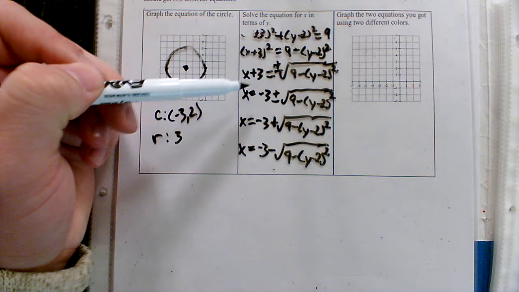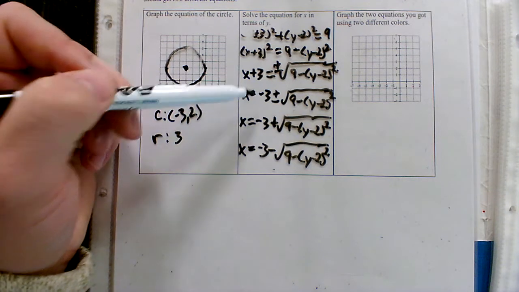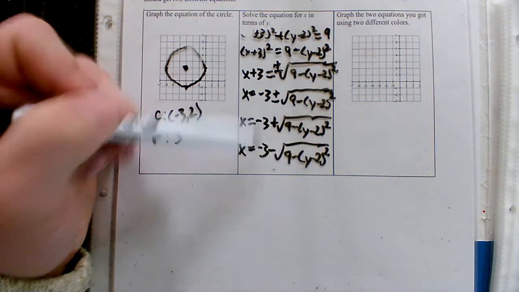After I square rooted both sides, I subtracted over 3, and then I just wrote out both of my answers, the plus version and the minus version.